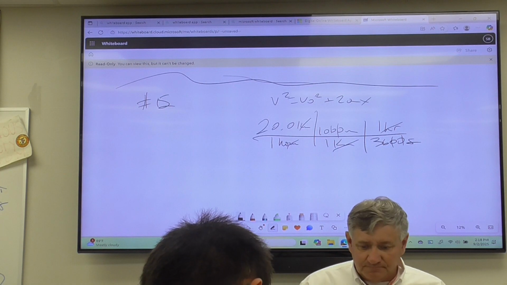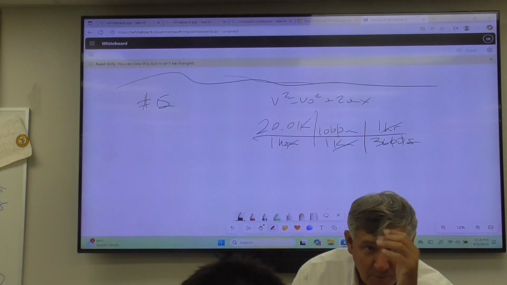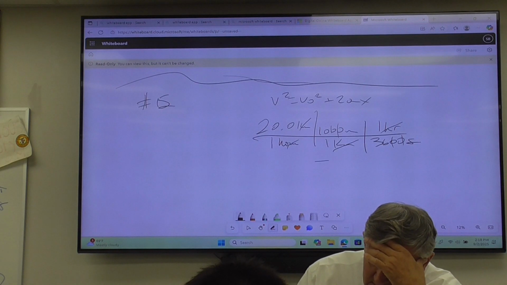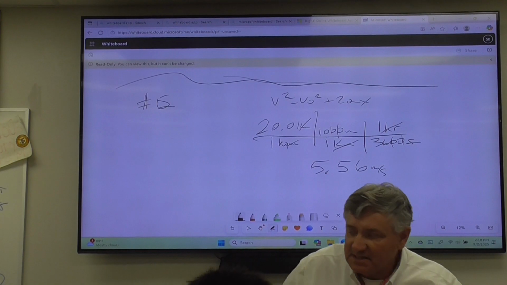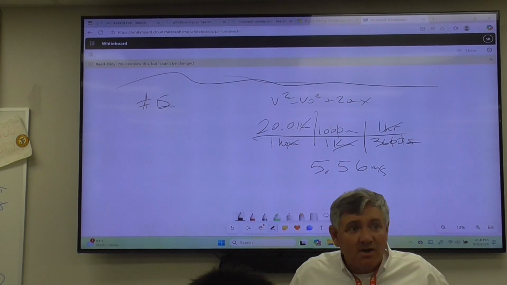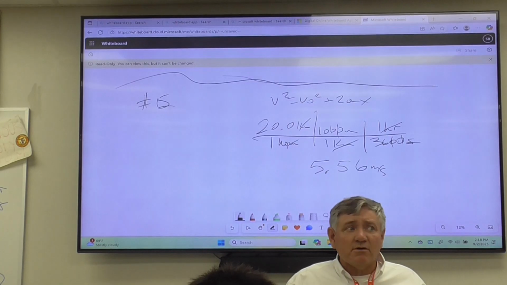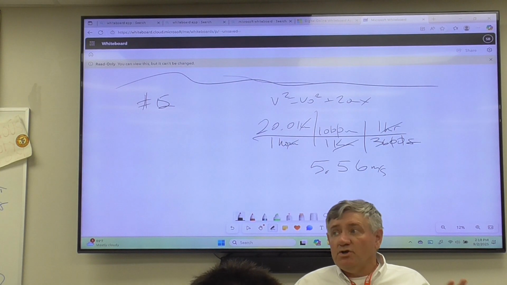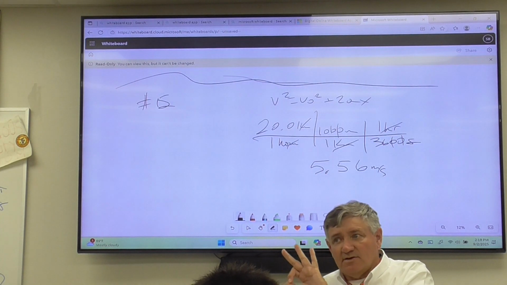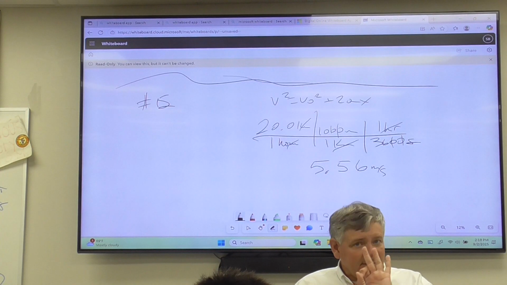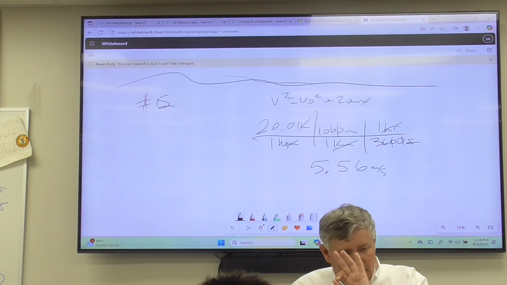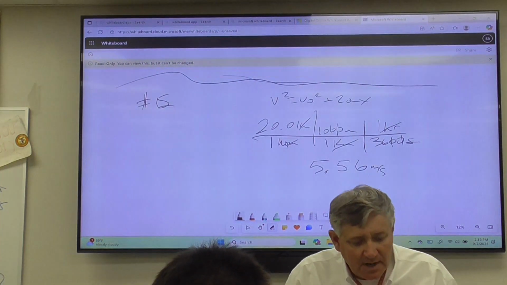What do you get? 5.5 repeating, right? So at a minimum, write that as 5.6 meters per second. Don't round it to 6. Don't call it 5.5. You need to keep at least 3 digits when you do that conversion, okay? At least 3. You can do 4, but keep at least 3.